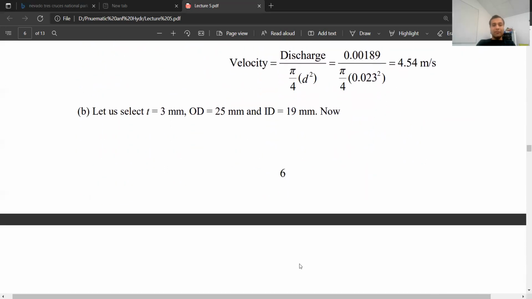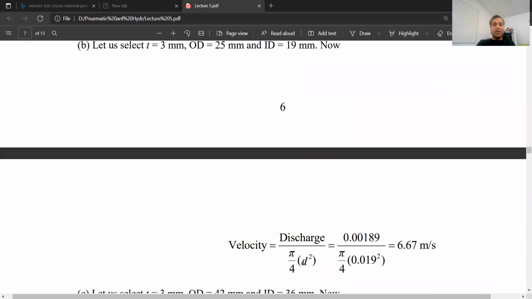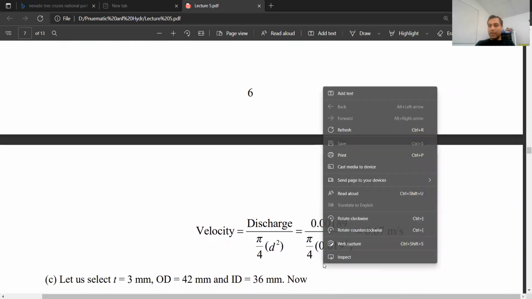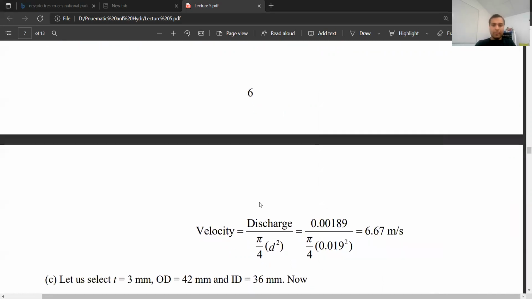So I use the same formula. Velocity is discharge over the area. Discharge value is given. Now I need to find out the area. So that will be 19. So I change that value. That will give me 6.66.